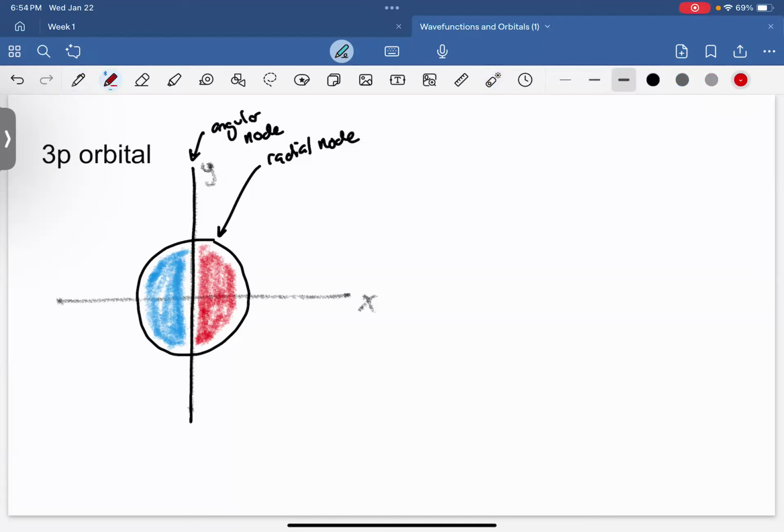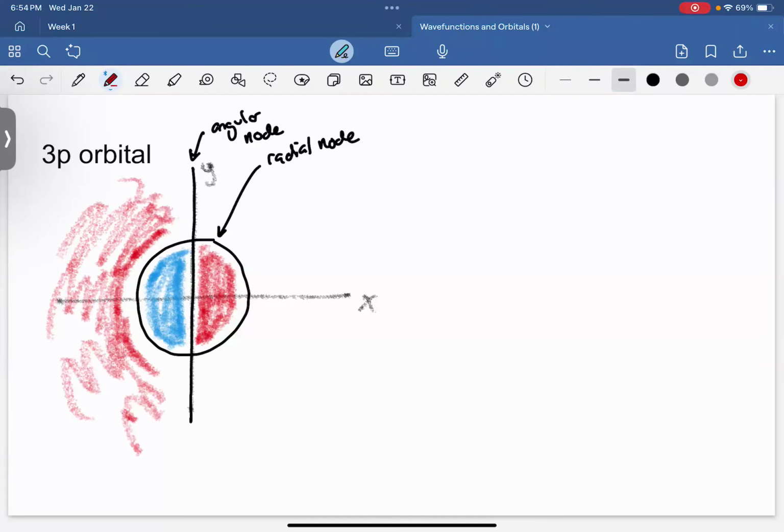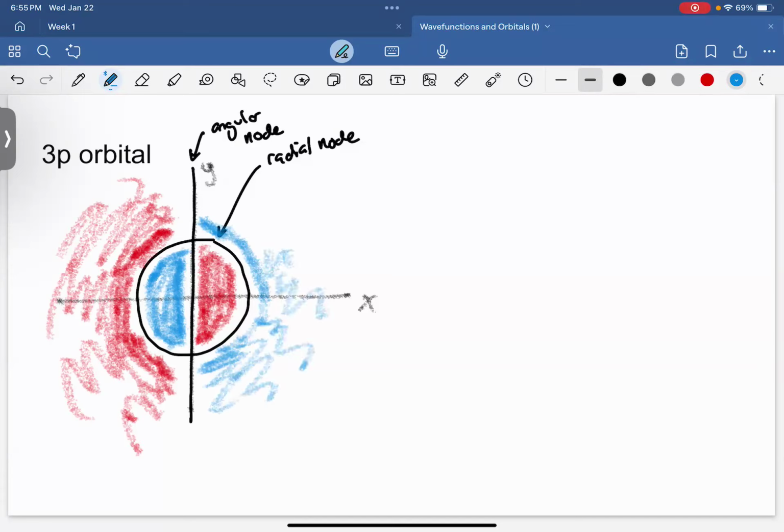And then I get to a point where I hit this radial node. Now I have to flip again. So my function changes sign. And similarly on the other side here, it's going to change sign outside as well.